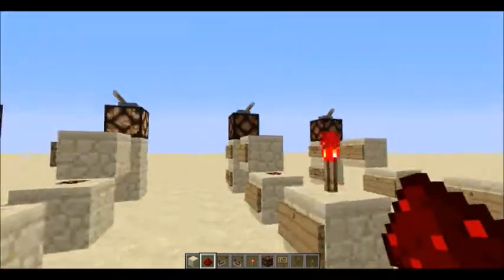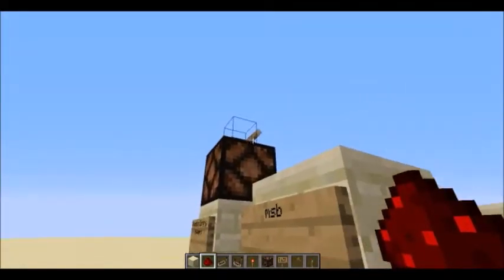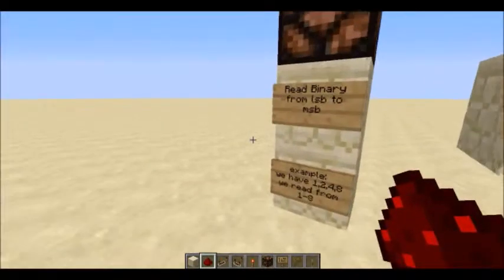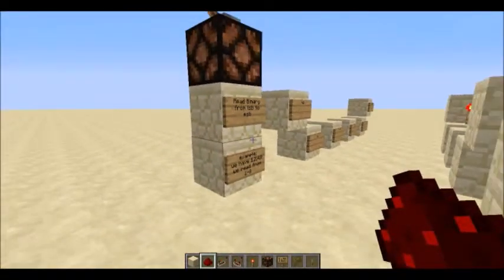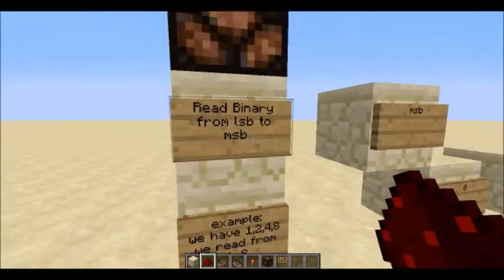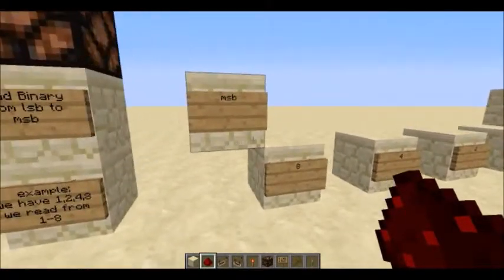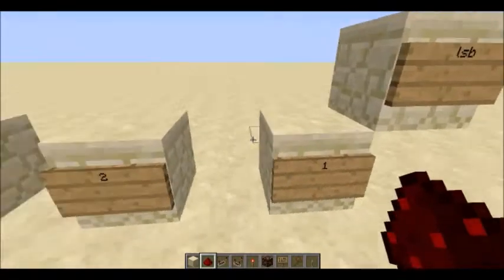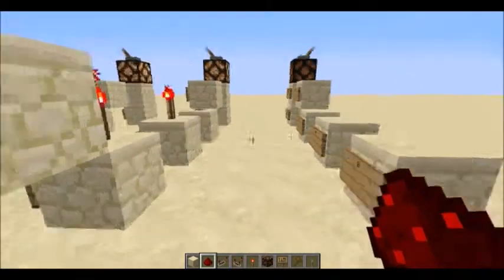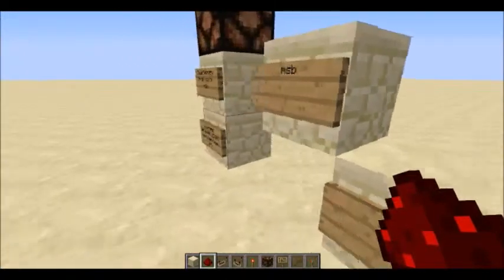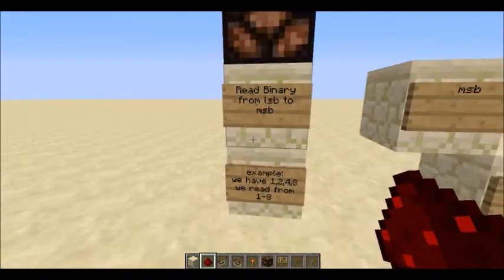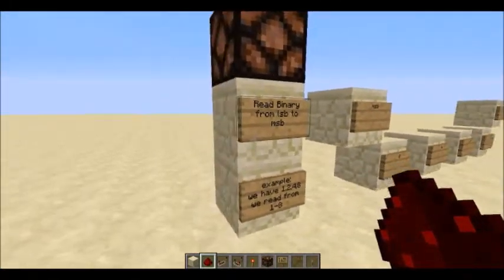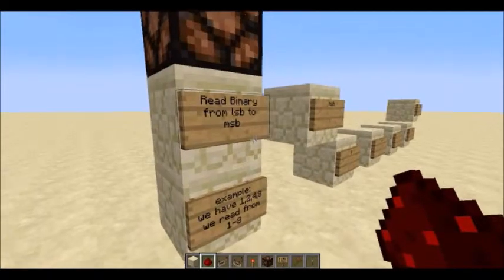So, that's pretty easy. Now we have our final stage, which is something that can get on your nerves. If you do it wrong, it doesn't make too much of a difference. But you notice that in all the examples, we start with 1 on the right, which is a bit strange, and our biggest number is on the left. In binary, we always read from the LSB to the MSB.